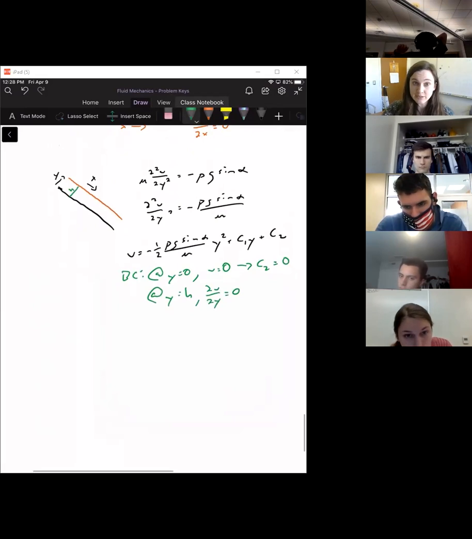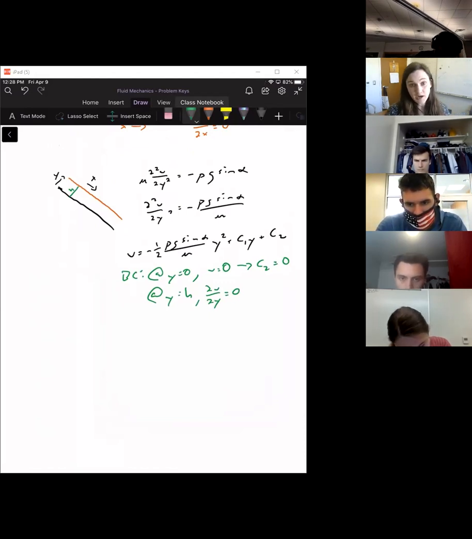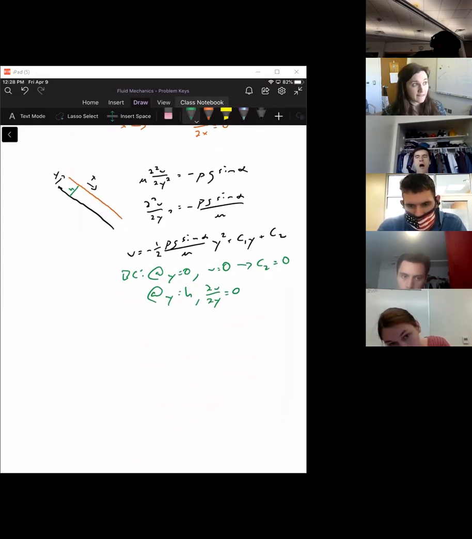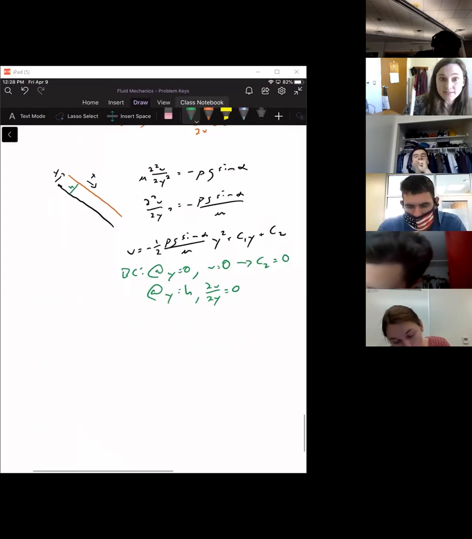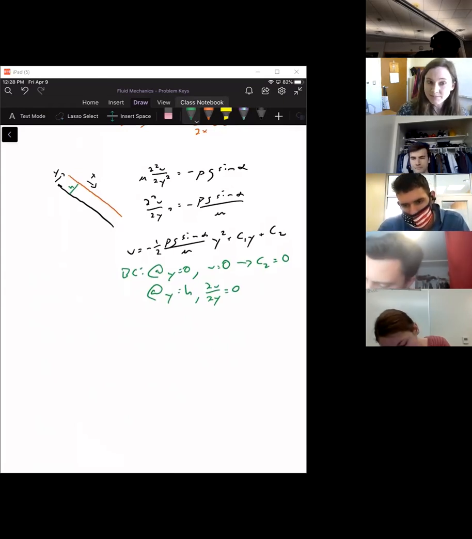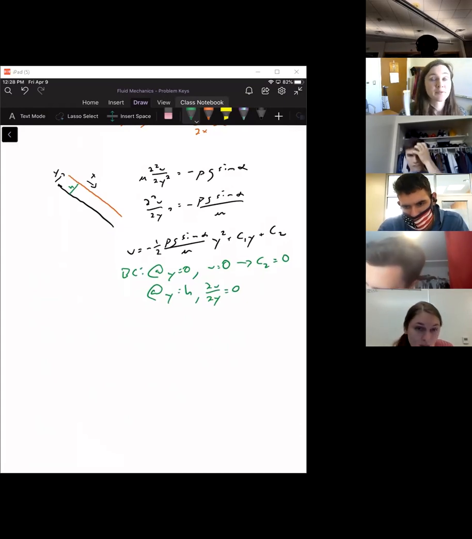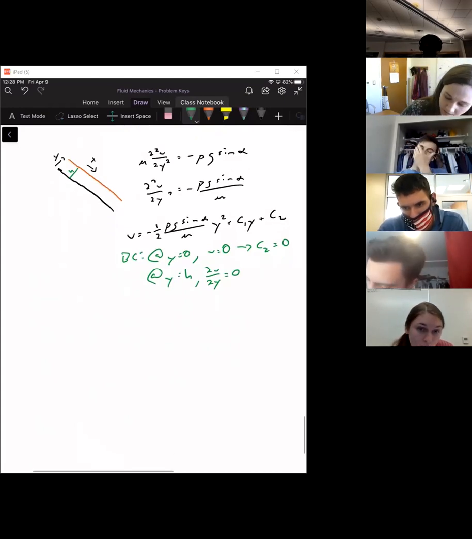So you don't say u is equal to 0 there, because it does have a velocity on that surface. You were right, but you do say that du dy, the shear rate, the change in velocity, is 0 there, which means the velocity in this case would be at the maximum. Remember, if you do the derivative and it's 0, it's either a maximum or a minimum. In this case, it would be a maximum.